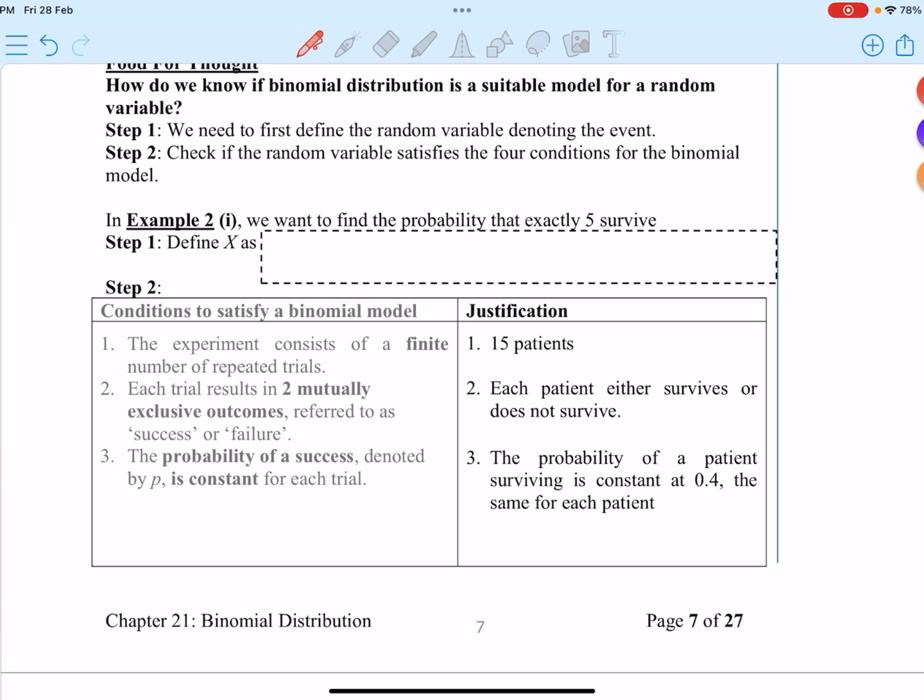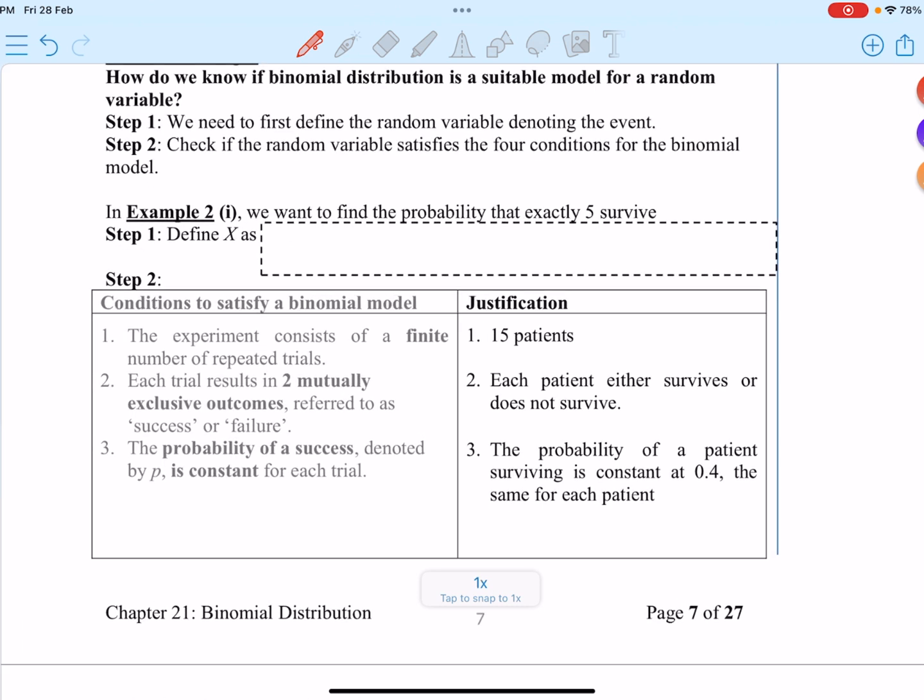Right, so you define X as the random variable denoting the number of patients who survive.